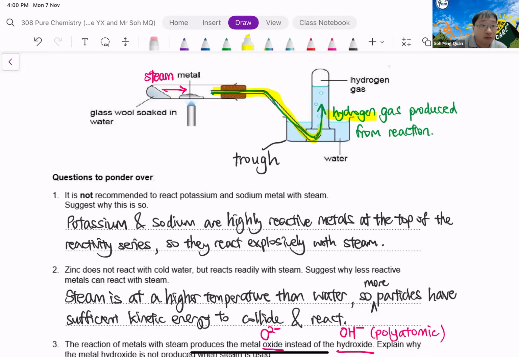So there is gas around it, right? There is hydrogen gas at the other end of the delivery tube. So if you don't remove the delivery tube, the hydrogen gas and potentially the water as well will be sucked into the original tube with the metal.